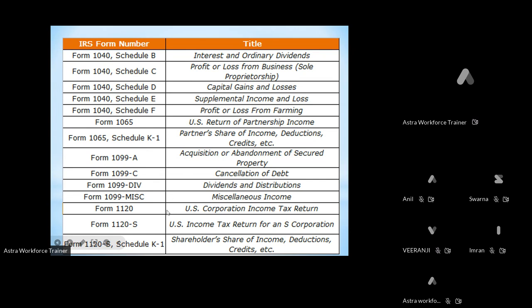Did we see the document before? If not, I'll show it, or else I'll share the documents with you on WhatsApp. I'll share all the schedules with you by the end of today's call, so that you can go through them before you go for interviews.